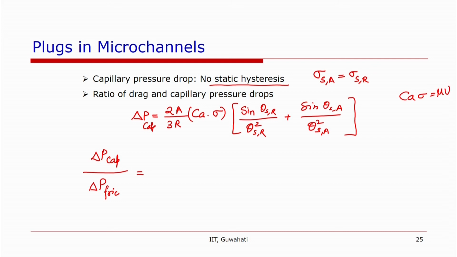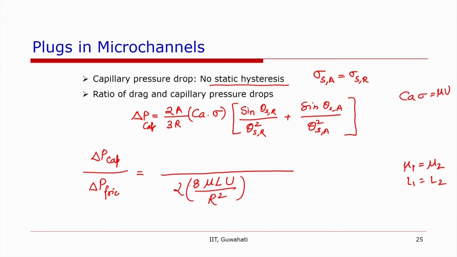If we assume that mu1 is equal to mu2 for simplicity, and L1 is equal to L2, we can write the frictional pressure drop as 8 mu L u by r squared, multiplied by 2, and this will be 2a over 3r, mu1 u, into sin theta SR by theta SR squared plus sin theta SA divided by theta SA squared.